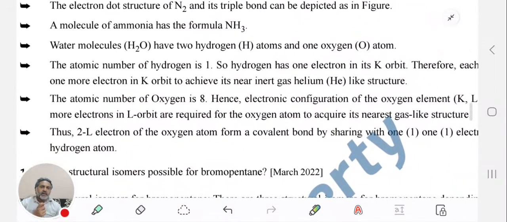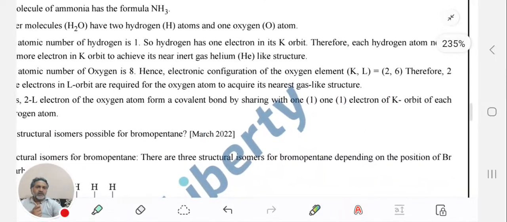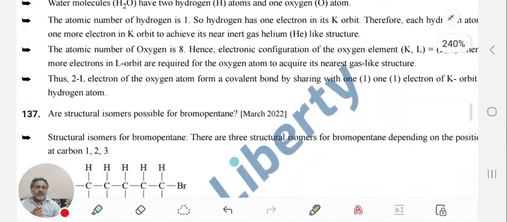Molecule of ammonia has a formula NH3, water has H2O, 2 hydrogen atoms and 1 oxygen atom. The atomic number of hydrogen is 1, so hydrogen has 1 electron in its K orbital. Therefore, each hydrogen atom needs 1 more electron in the K orbit to achieve a near inert gas helium like structure.